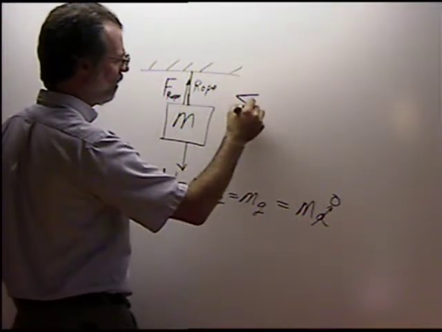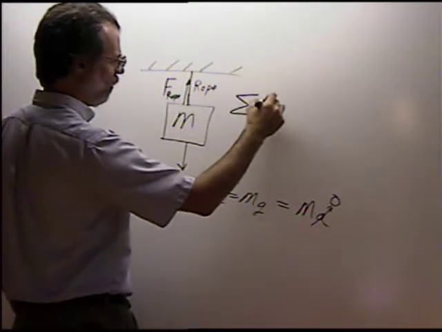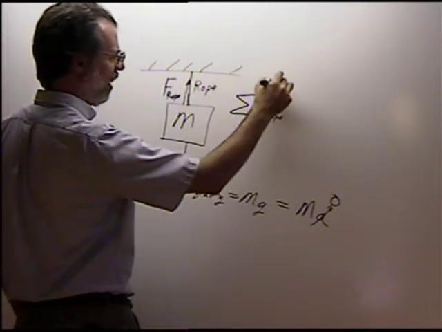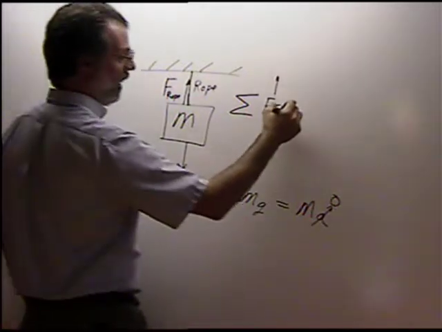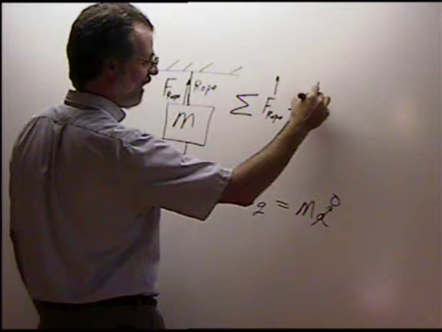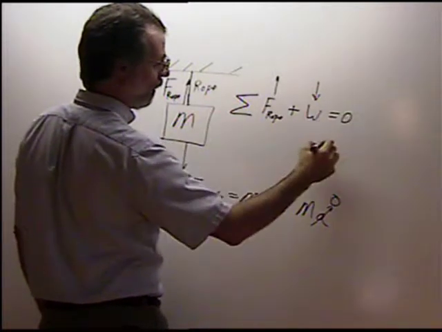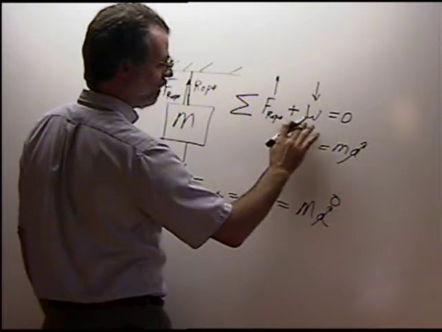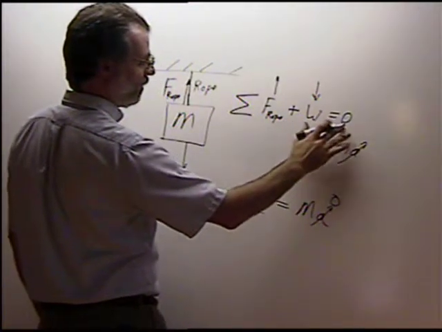So in this case, the sum of the forces are, we have the force of the rope, which acts up, and the weight, which acts down. These two are equal. We know they're equal because they're equal and opposite. The sum of these equals 0.